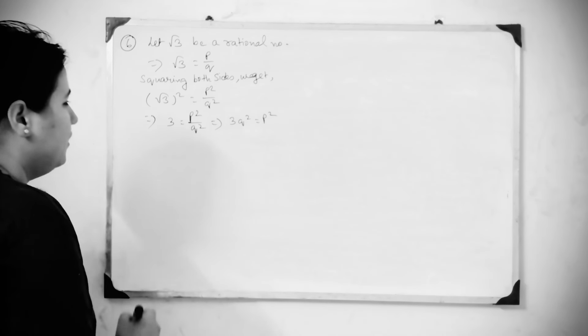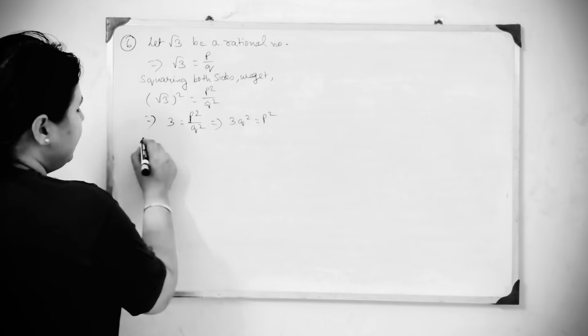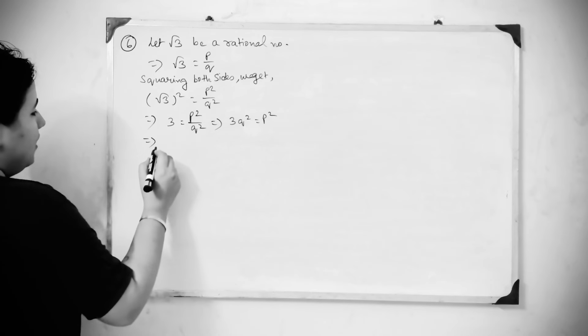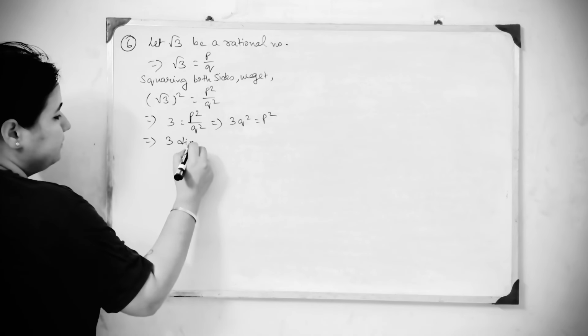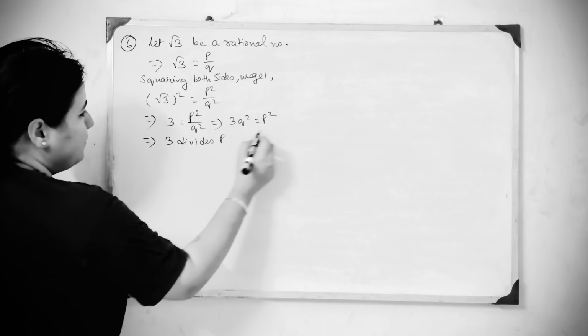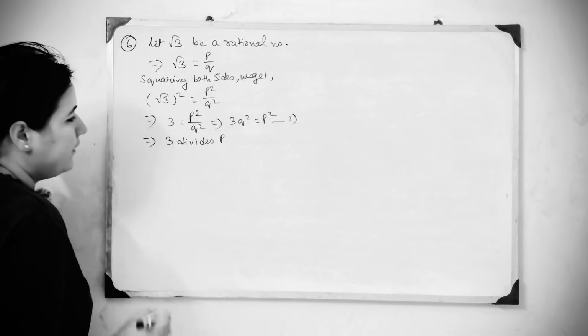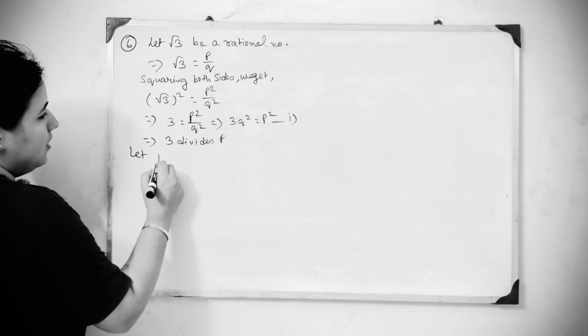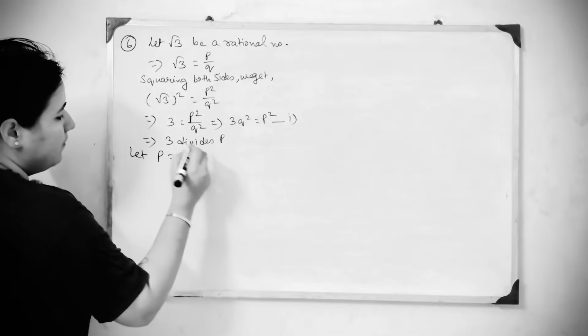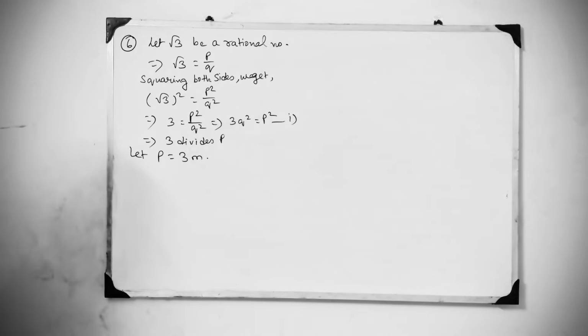So from here we can say that 3 divides P. This is equation 1, right? Now let P equal 3M.